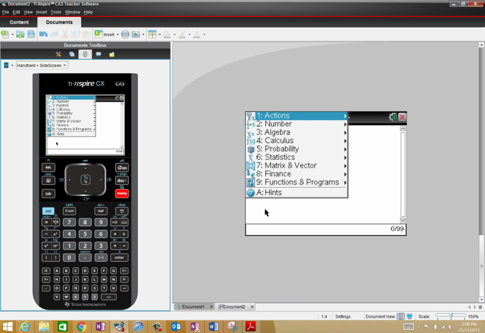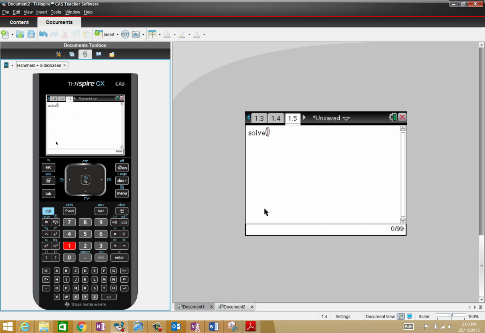We go to solve, menu 3(1), and you can not only solve equations, you can solve inequalities. 2x minus 3y is greater than or equal to 5. Now, first of all, you see where the equal sign is here? You can press Control equals. This is definitely going to help you if you're doing further maths or methods.